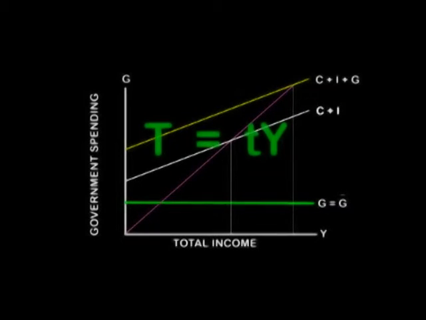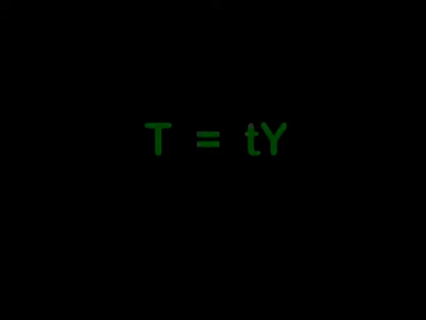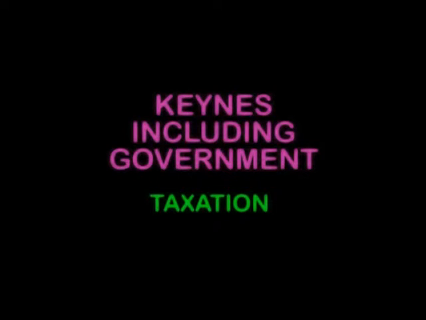Tax remains, however, a function of income. The first impact of tax is that it reduces disposable income. After tax has been paid, the households have less disposable income. We therefore need to make a distinction between total income and disposable income.